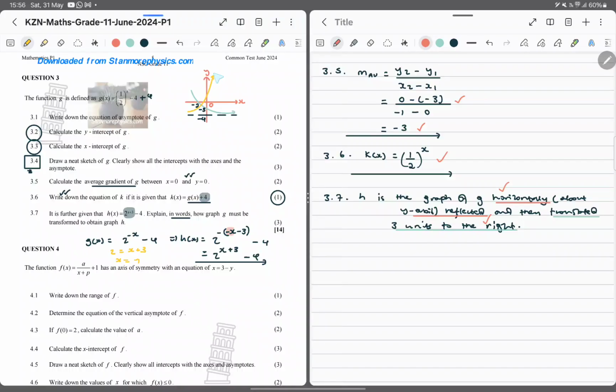This is h. So it will cut at 4 and minus 1. Now, this indeed looks like a horizontal reflection of this graph because it flips over like so.